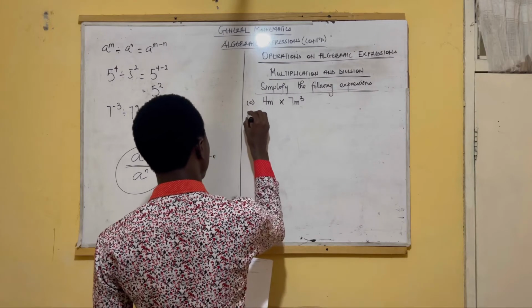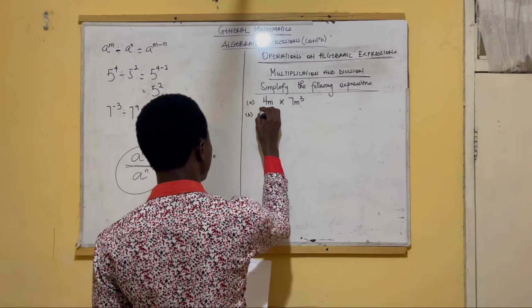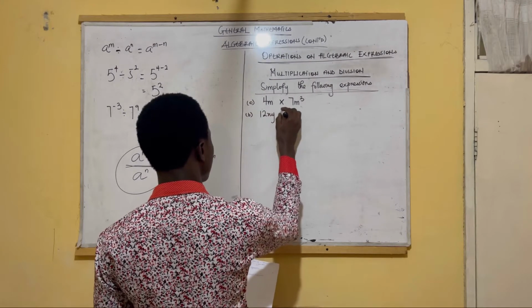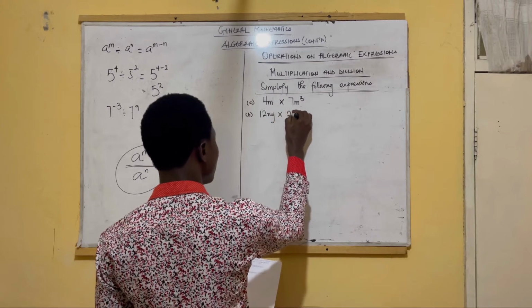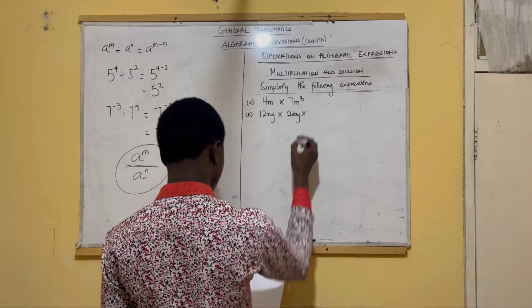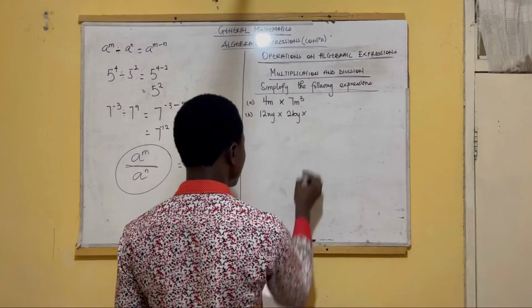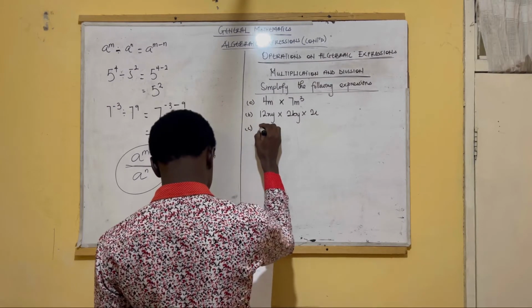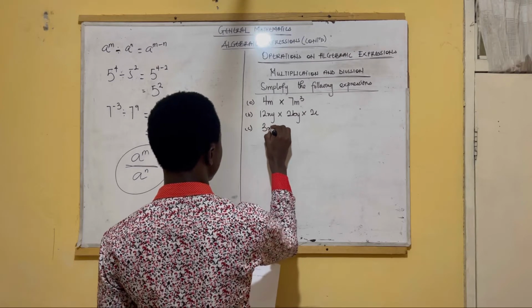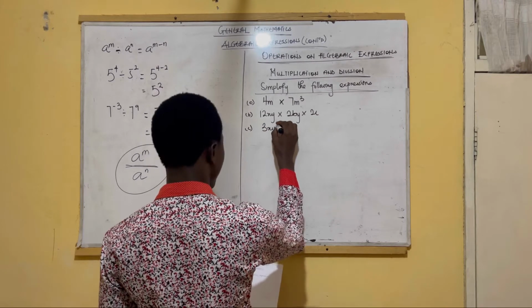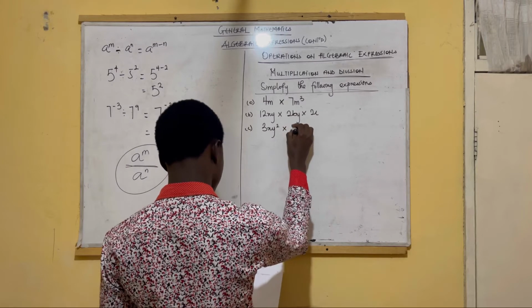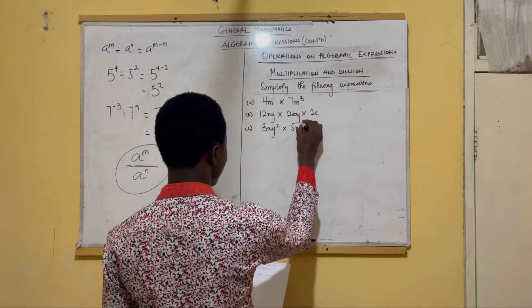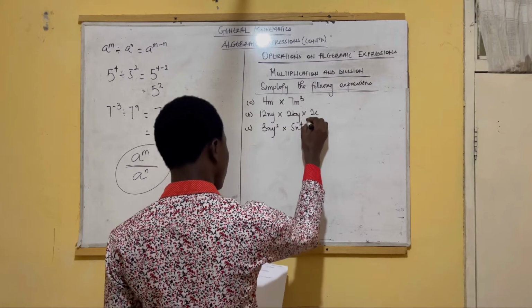B, you have 12xy times 2by times 2c. You have 3xy squared times 5 x exponent 4y exponent 3.